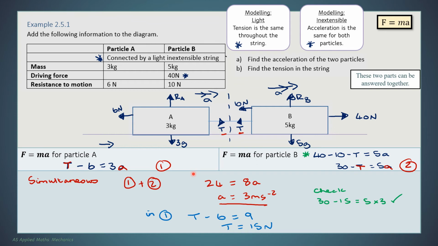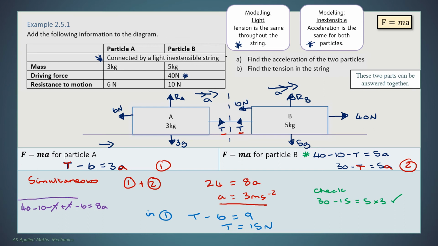If you wanted to do this all in one system, when we do the 40 minus 10, we've got minus T plus T minus 6 is equal to, you would add the masses together. So you would end up with that, and those 2 cancel out because of the minus T and the plus T. So that's treating it as one system, which you can do.